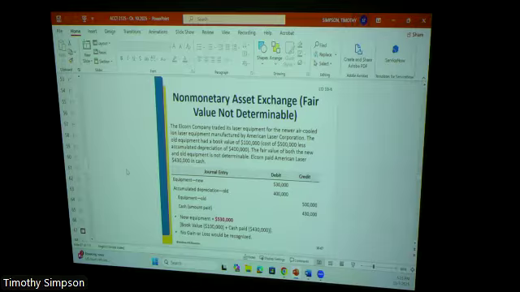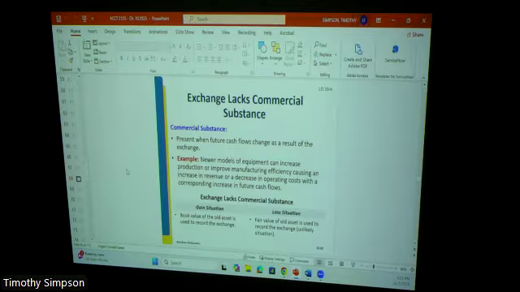So there are these occasions when this happens, particularly if we're talking about very unique pieces of equipment that really don't have an identifiable market value. It's certainly not a quoted price that we can look at. So it becomes a little bit more challenging to do that.